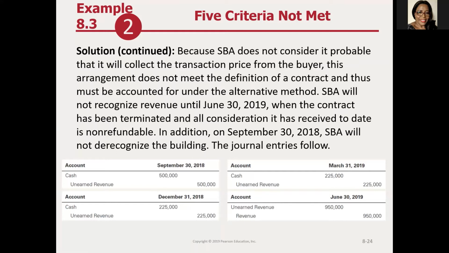On March 31st, 2019, the same journal entry because it's the same payment amount. But on June 30th, 2019, $950 is debited to unearned revenue, and revenue is credited $950,000.